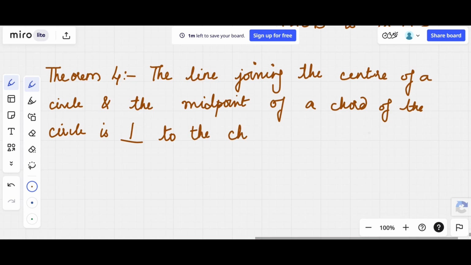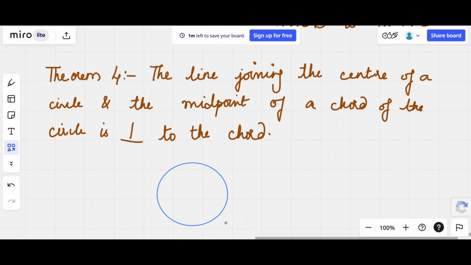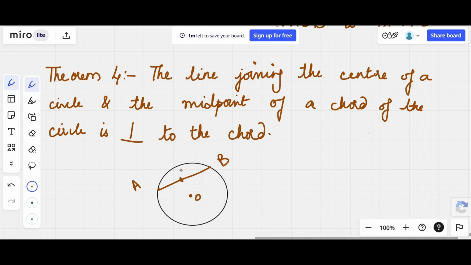Now, let me make it clear through a diagram. Let us make a circle. This is the circle, this is the center of the circle. So, this is the chord AB, and I have the midpoint here. My midpoint is M. The line joining the center of the circle and the midpoint of the chord is perpendicular to the chord.